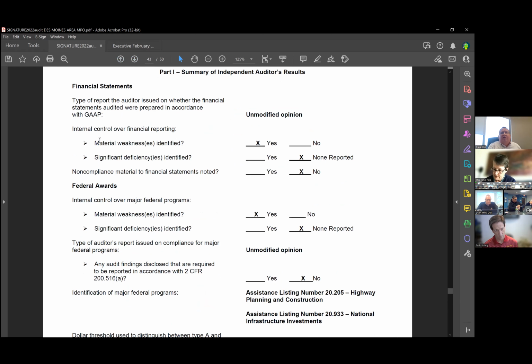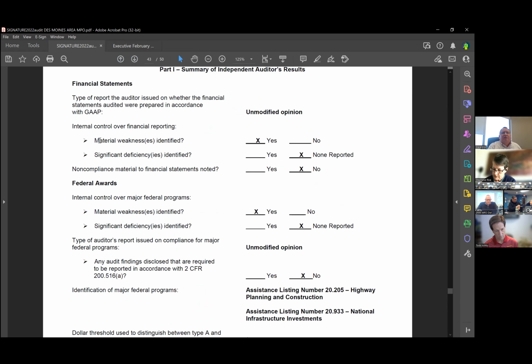We issued an unmodified opinion on financial statements. We did have material weaknesses over the financial statements. We had material weakness over the federal awards, but issued an unmodified opinion on your major federal programs. We did not have any audit findings to disclose regarding the federal programs.